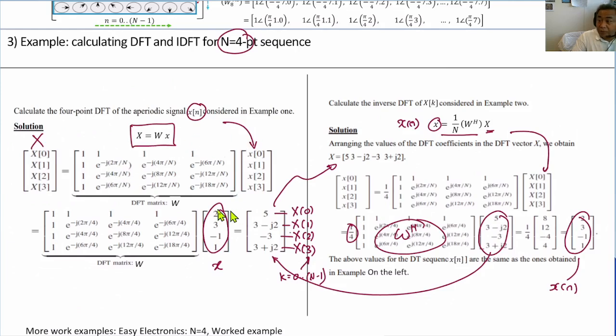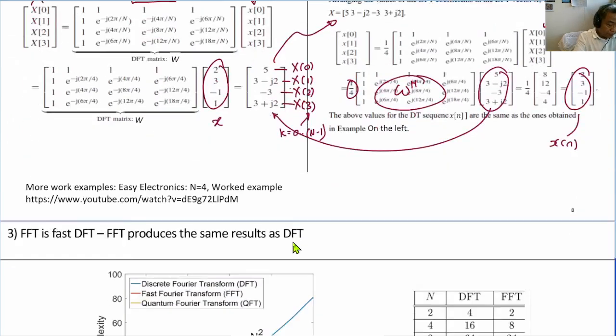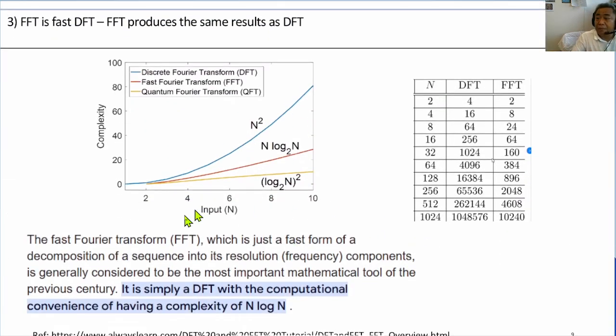Now, if you do it by brute force, the computation is N squared. If you're using MATLAB or Python libraries for the discrete Fourier transform, internally they evaluate it as a fast Fourier transform.